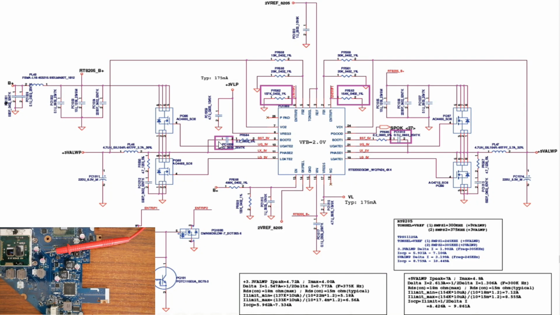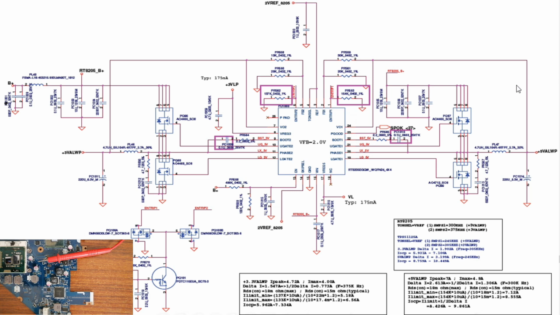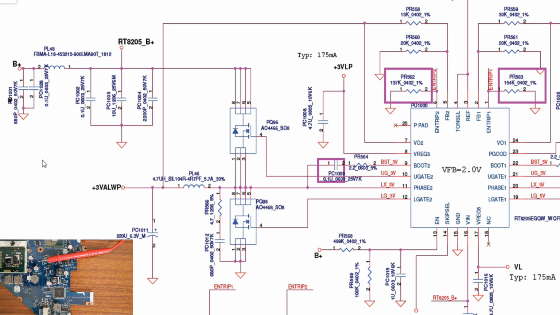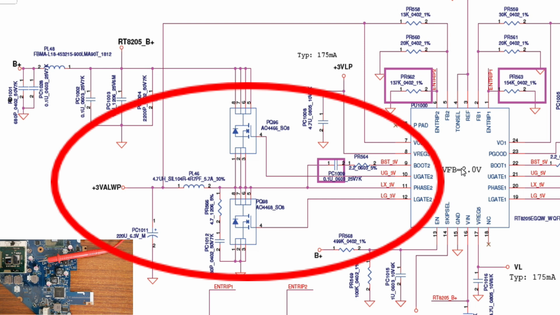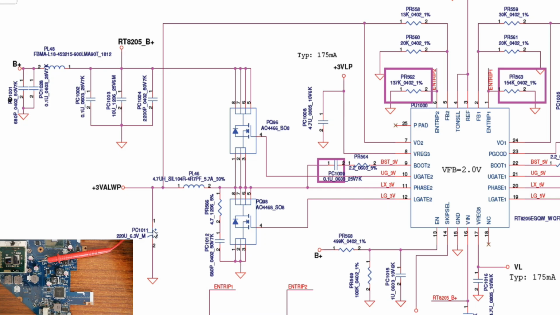As you see here in the schematic, we have the first channel for 5 volt and the second channel for 3 volt, as you can see here. So we have plus 3 volt always. This is the first channel where we have IC, 2 MOSFETs, inductor, and electrolytic capacitor.